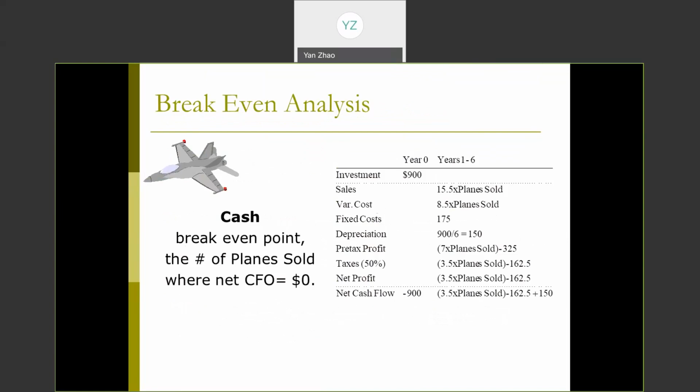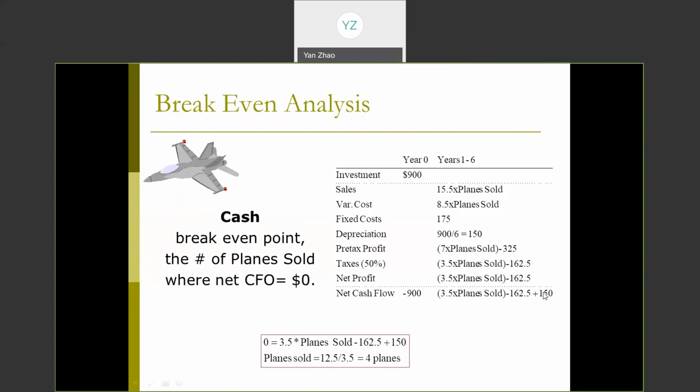So the second break-even analysis is the cash break-even. So the cash break-even point is the number of planes sold, which make the net cash flow from operation 0. Okay, so what is the net cash flow number? So the net cash flow number is this, right?